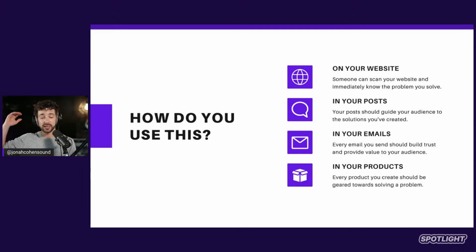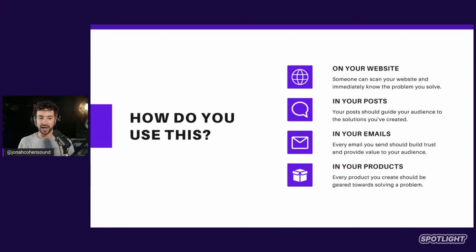Like I said, once we have our transformational phrase, we're going to compare it to our website, whatever our main homepage is, where we typically want customers, clients, followers to go. We're going to make sure that's clear right off the bat. Every post you make, compare it. Are you serving that transformational phrase?